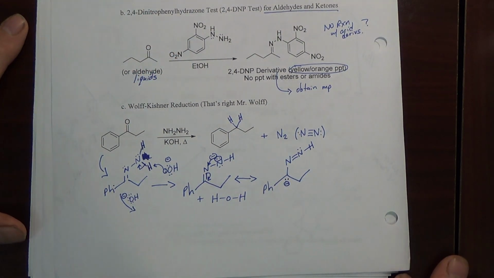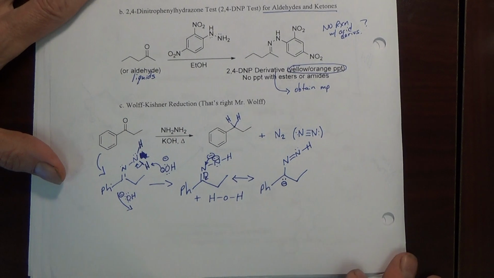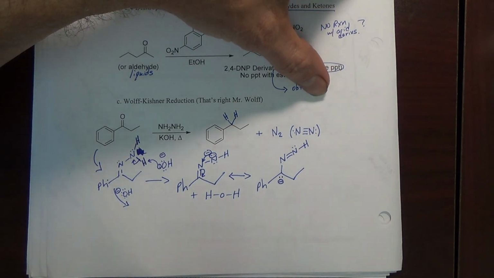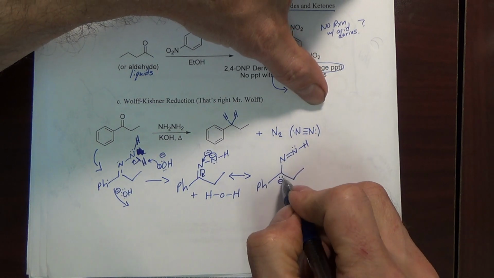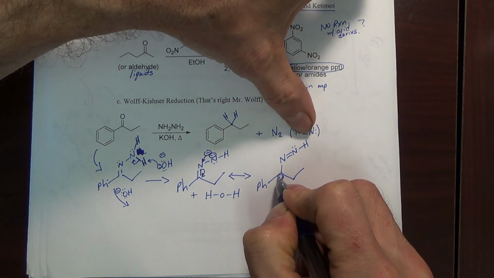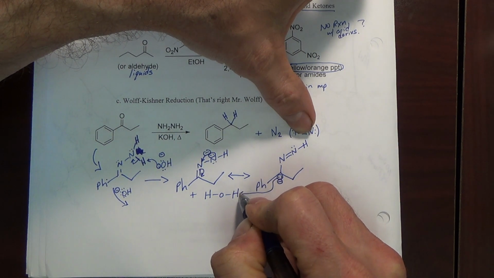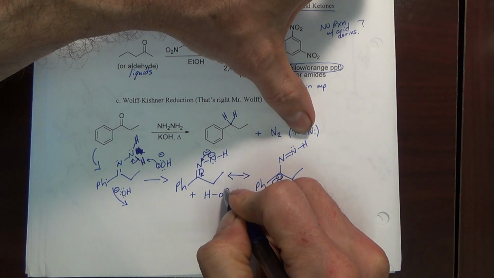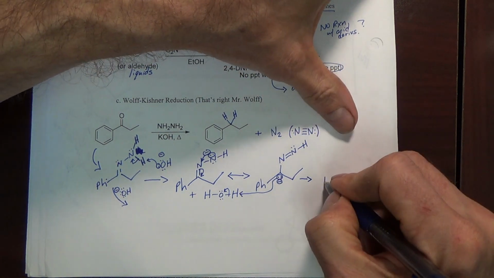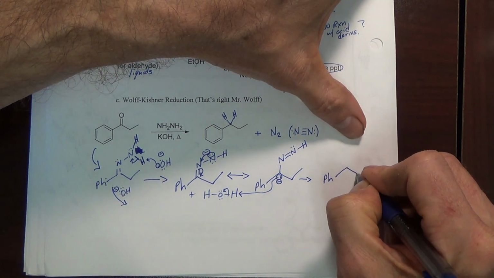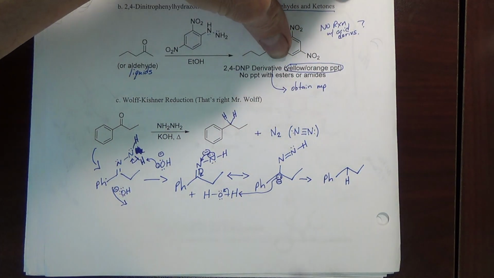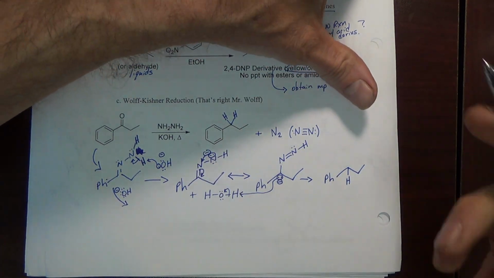That's just a resonance structure. At this point, we can protonate the carbanion with water serving as the proton source, and that gives one H on that carbon. Ultimately, we're looking to get two there.